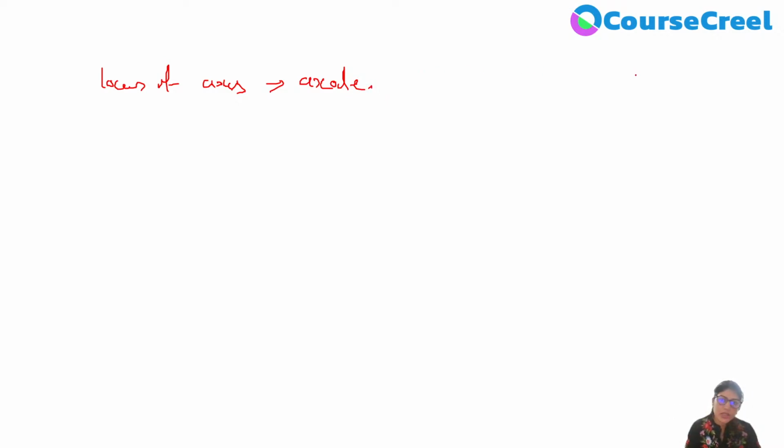Okay, so the locus of axis is called exode, और ये जो axis है that is called instantaneous axis, right? So instantaneous axis is what? The center or the instantaneous center which is passing about one axis, that axis is called instantaneous axis. Okay, तो जैसे center का हम axis लेते हैं, so in the same manner we will take the axis of instantaneous center, that is instantaneous axis, right?